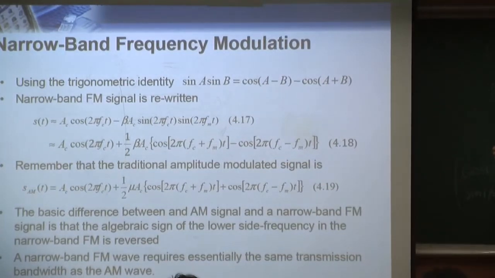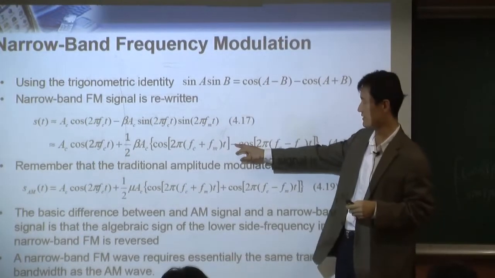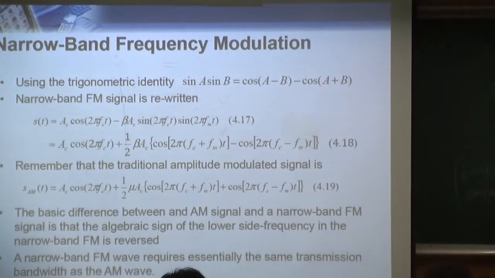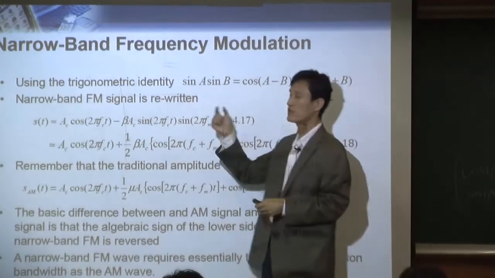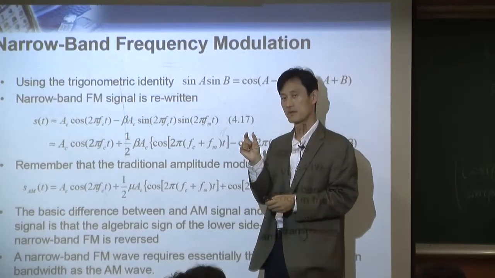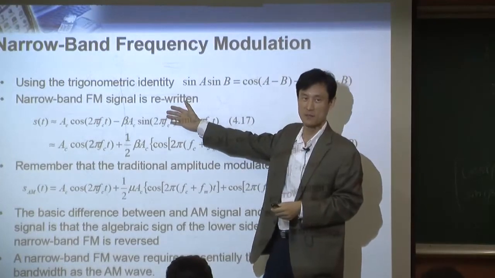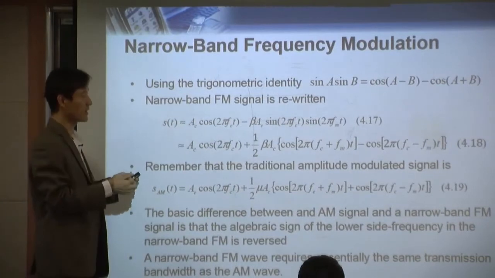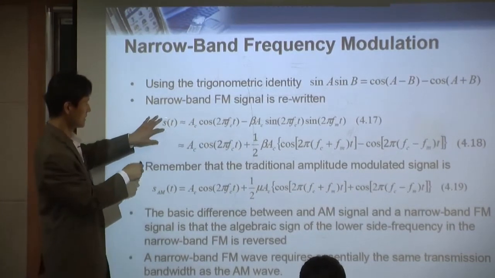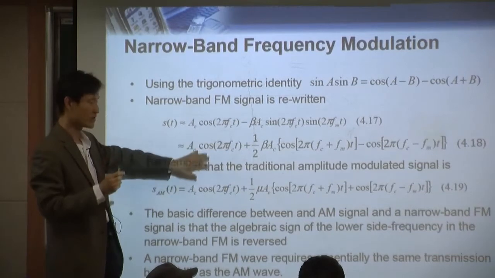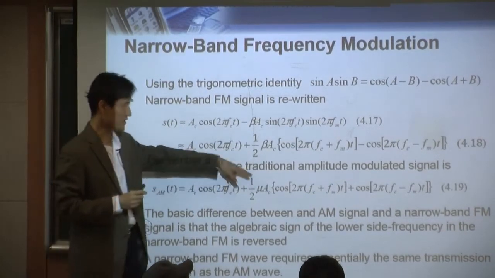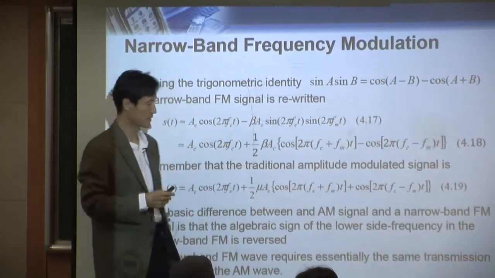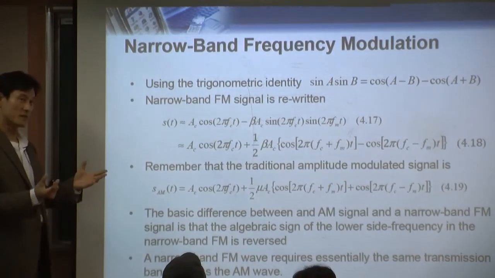So what that means is that when you have narrowband FM, the output signal is almost the same as amplitude modulation, only the sign is different. That's the message, simply.